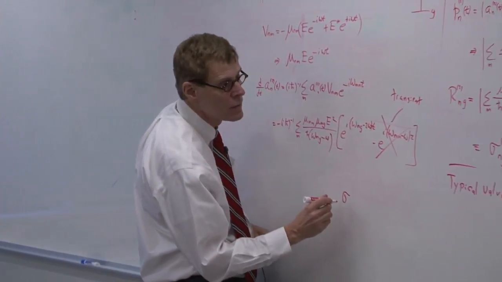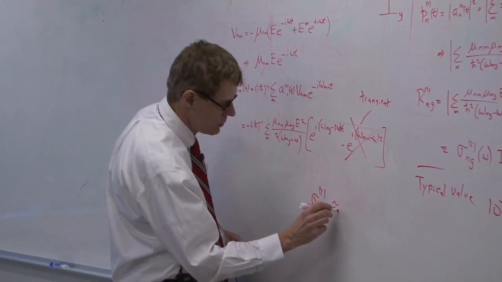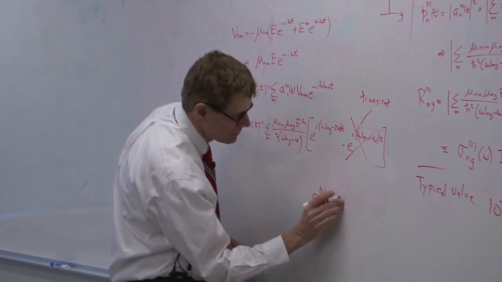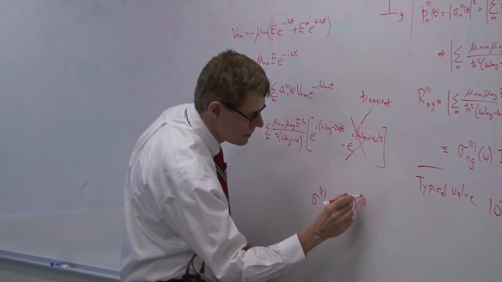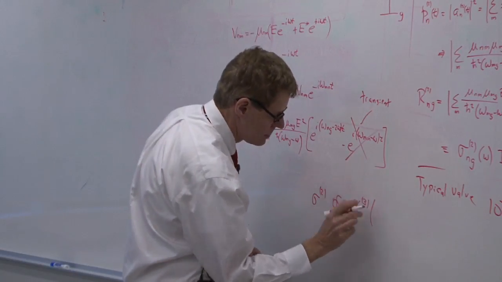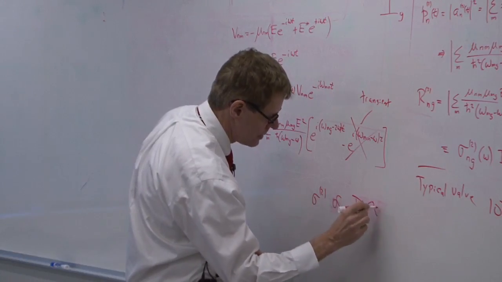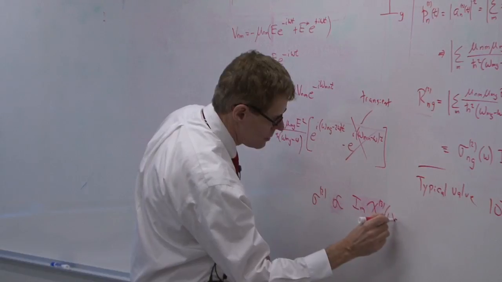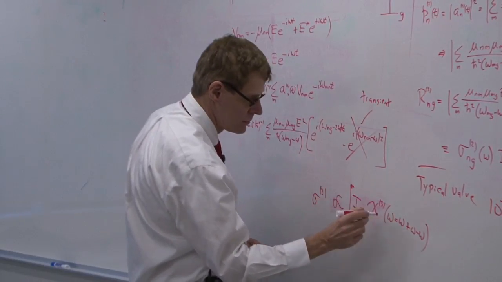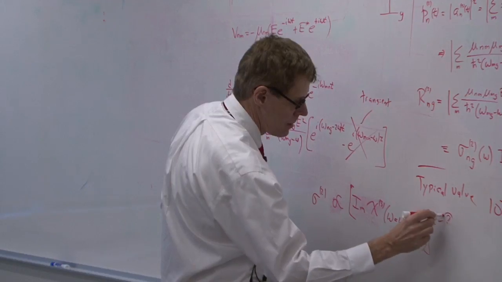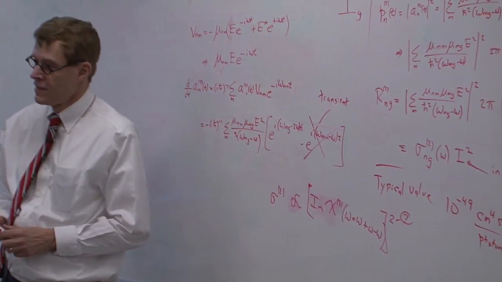Okay, as we said a week ago, the two photon cross section sigma 2 is proportional to the imaginary part of chi3 (omega equals omega plus omega minus omega), I assume squared.